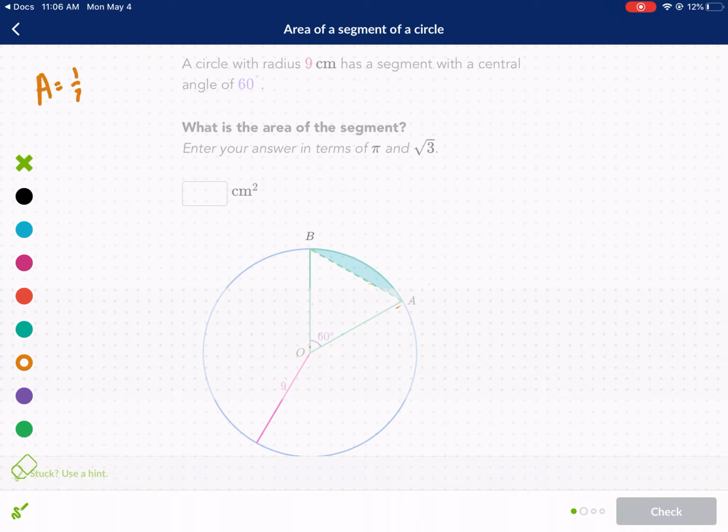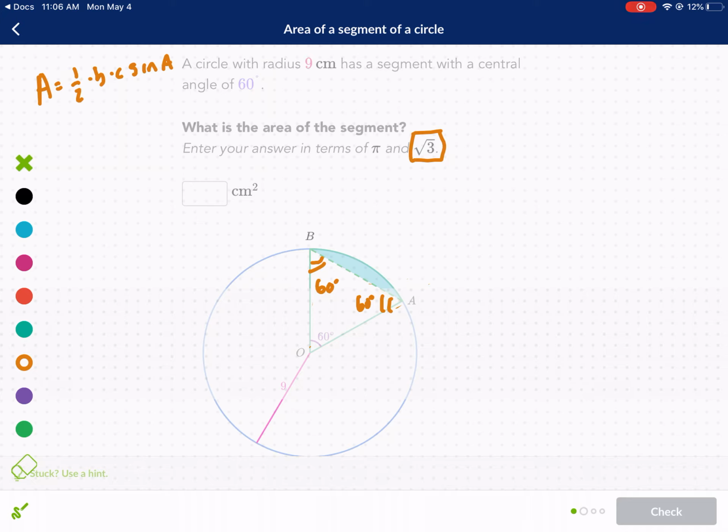Area equals 1/2 BC sine of A. But in this case, since it's 60 degrees here, it's an isosceles triangle, so this is 60, this is 60. We can use a different formula that has square root of 3.